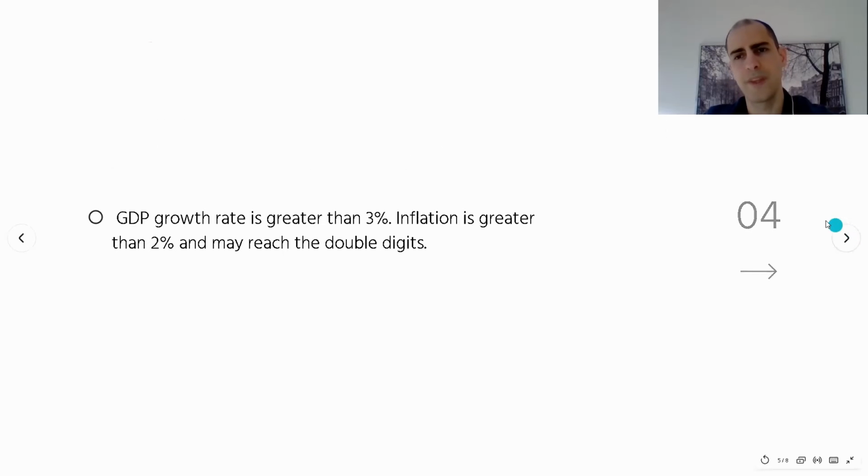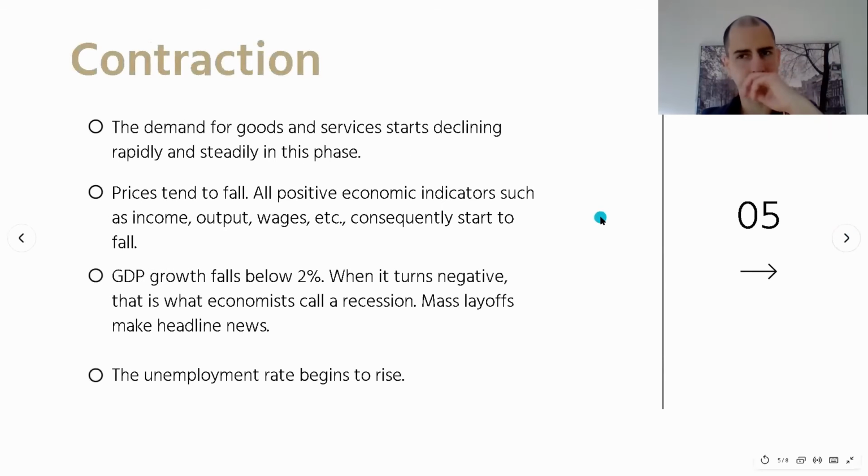Once we reach the peak and reversal occurs, we enter the contraction phase, and that's what we're seeing. The demand of goods and services starts declining rapidly and steadily during this phase. Prices tend to fall, and all the positive economic indicators, like I mentioned before, income, output, wages, etc., consequently start to fall as well.